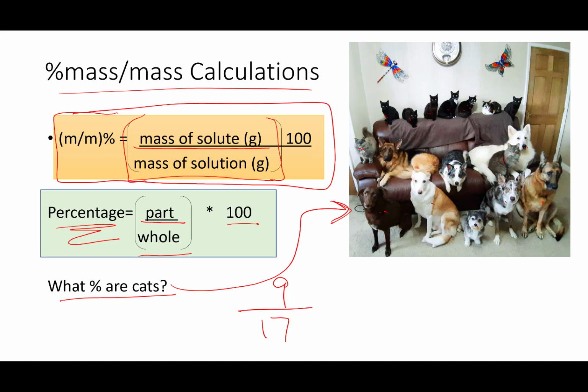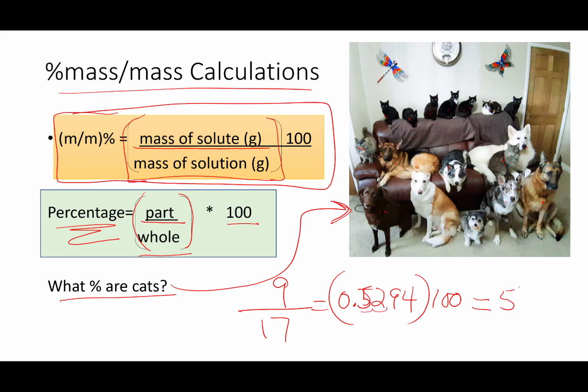I'm going to grab my calculator. 9 divided by 17, I got 0.5294, but that's way too many sig figs, but I have the whole thing. Now, to make it a percentage, I multiply by 100. That multiplying by 100 moves my decimal 2 places.